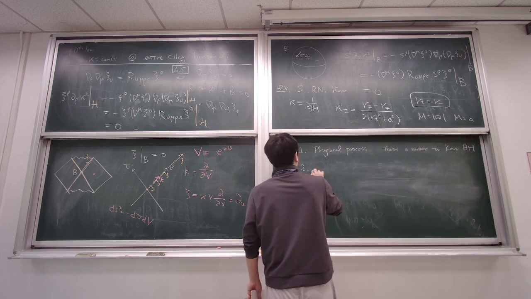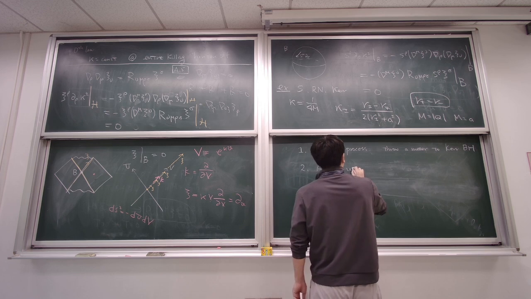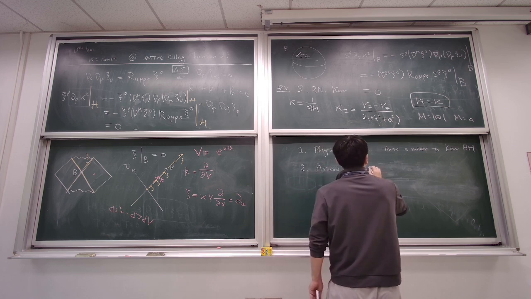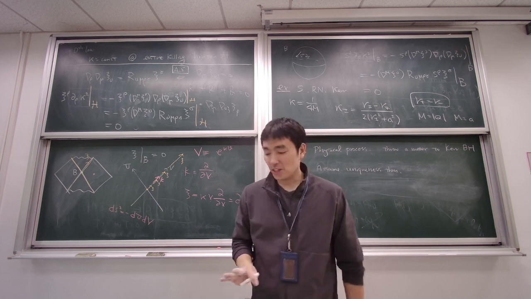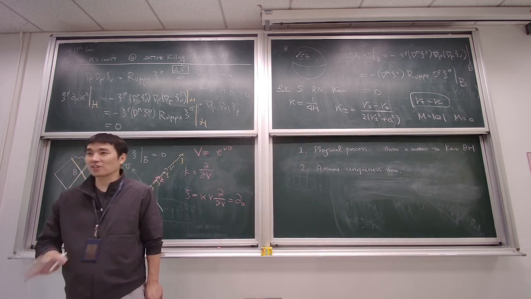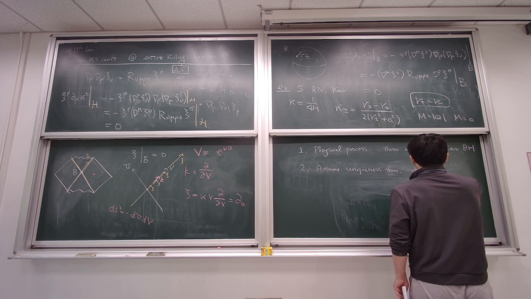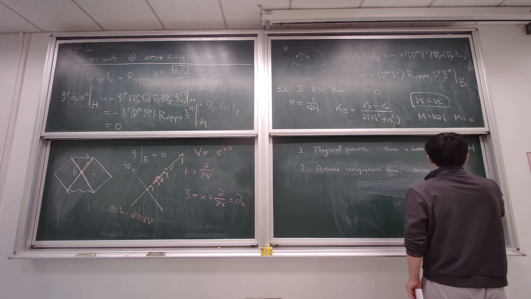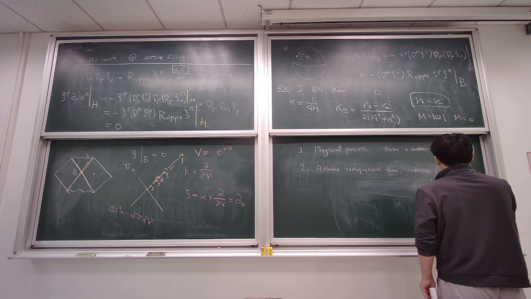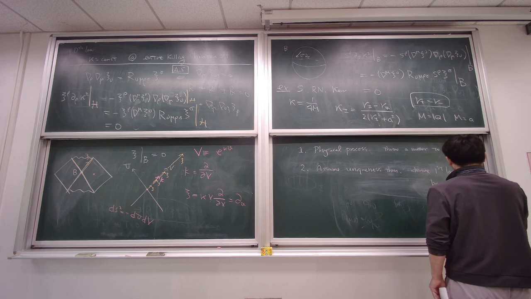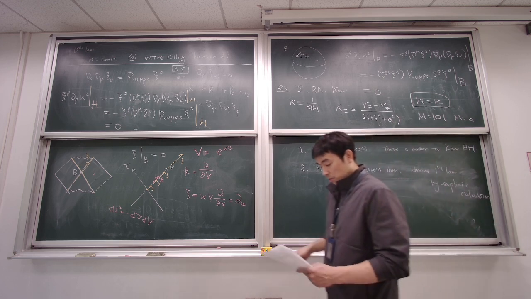The second is to assume the uniqueness theorem, which states that the most generic stationary black hole is a Kerr-Newman black hole. Assume that, then derive the first law by explicit calculation. So I will do both of them.